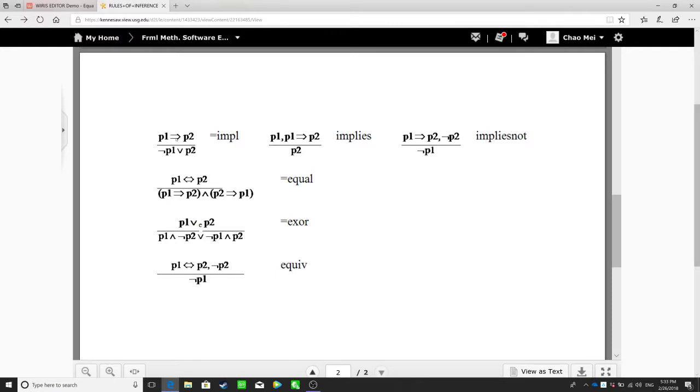Then if you have just P1 implies P2, can that be P2? No. If you don't have the first condition, it has to be P1. If you have P1 implies P2, you cannot just say P2, because here it actually gives you an extra condition, P1. It's not P1 and P1 implies P2.